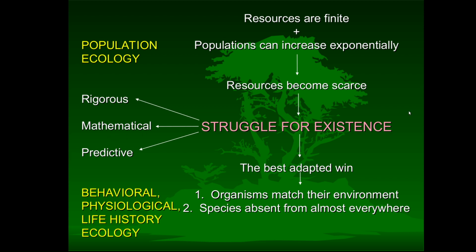As populations increase, the amount of resource per individual goes down, which means there's strong selection on individuals to become more competitive for resources and use resources more economically. In other words, this is Darwin's struggle for existence and natural selection for high competitive ability.